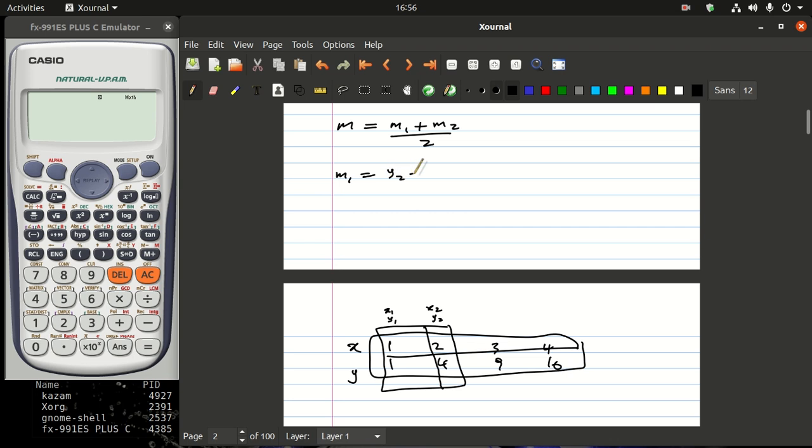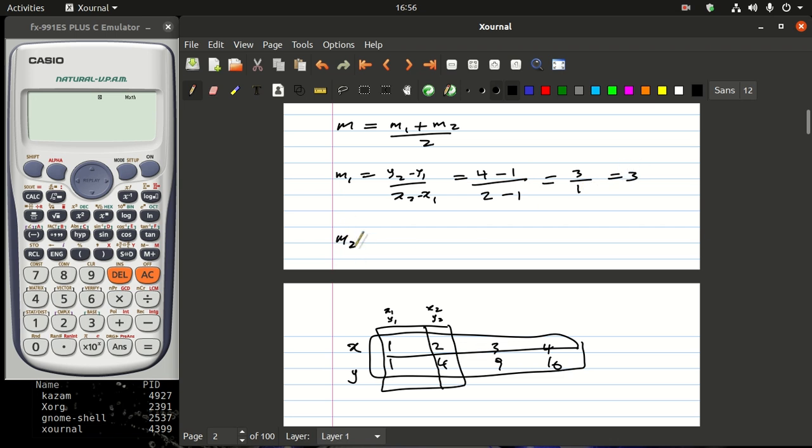Remember that I have y2 minus y1 divided by x2 minus x1. So y2 is going to be 4 minus 1, and then we come to x, and then we're going to have 2 minus 1. So 4 minus 1 is going to be 3, and then 2 minus 1 is going to be 1, and this is just 3.